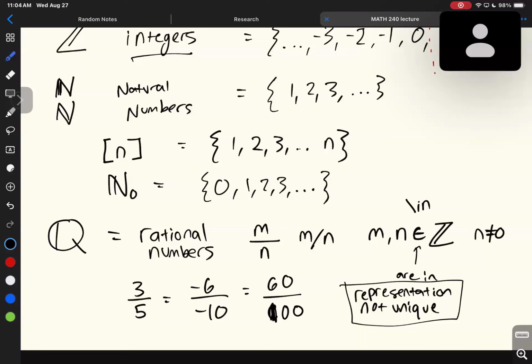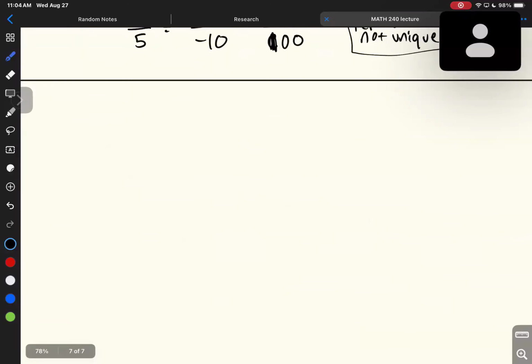Once we've got the rational numbers, then we'll look at the real numbers. And these are numbers that we don't represent by fractions, or some of them can be fractions, but not all of them.